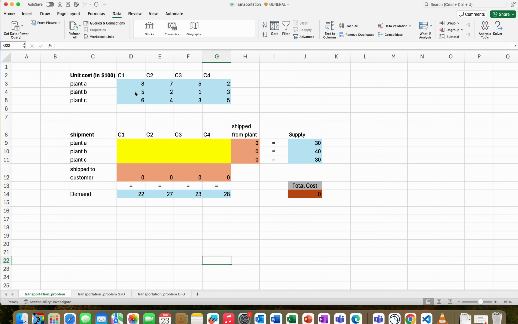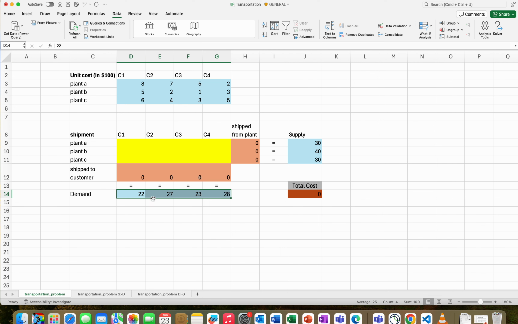So in this transportation problem, we had been given the following inputs. The first input is the shipping costs for the different routes and the supply and demand constraints. The total supply of the network is 100 and the total demand across the four customers is also 100.